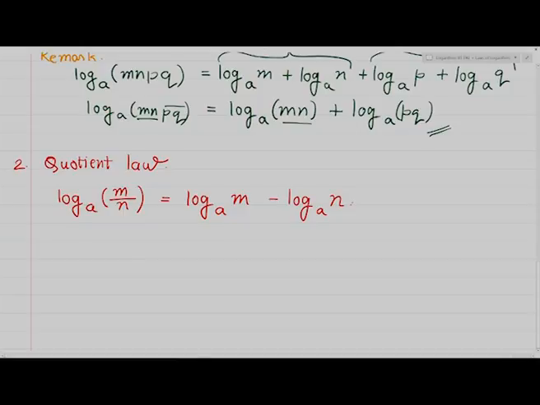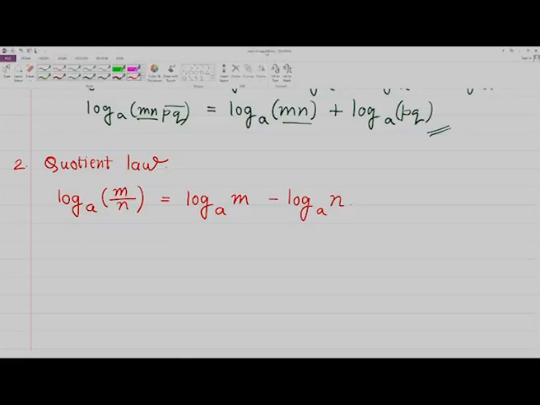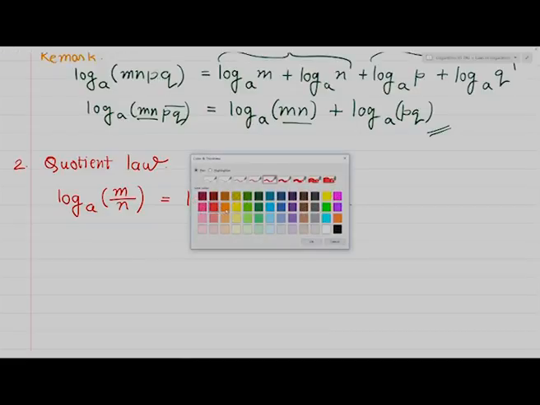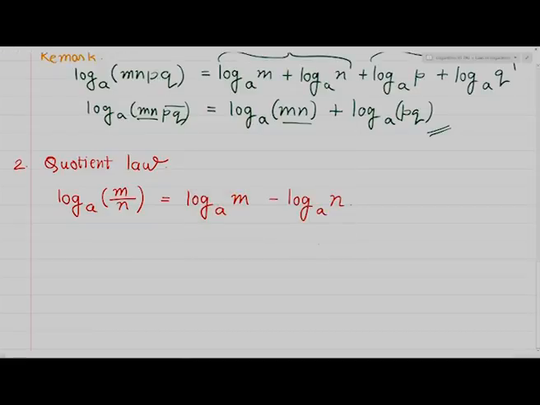This should be straightforward. Now, again I am using the 7 rule and I will rewrite these expressions in the exponential form. So, let me change the color. I have chosen orange last time. I will rewrite this as log to the base a of m is equal to x.